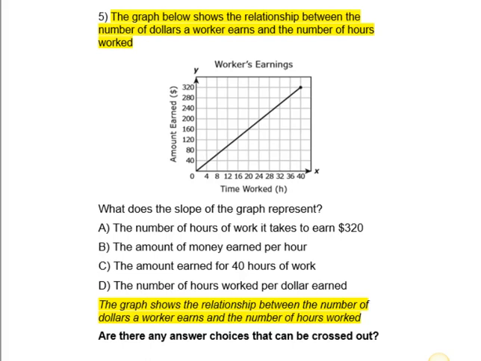So now that we have that information, let's see if there are any answer choices we can cross out. Looking at A, B, C, and D, are there any answer choices you can think of that can be crossed out?